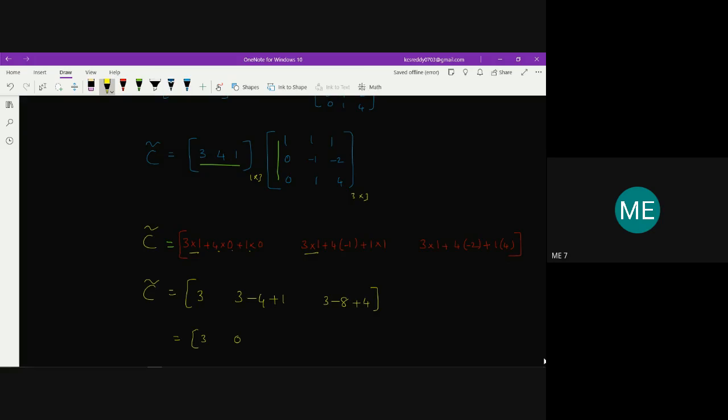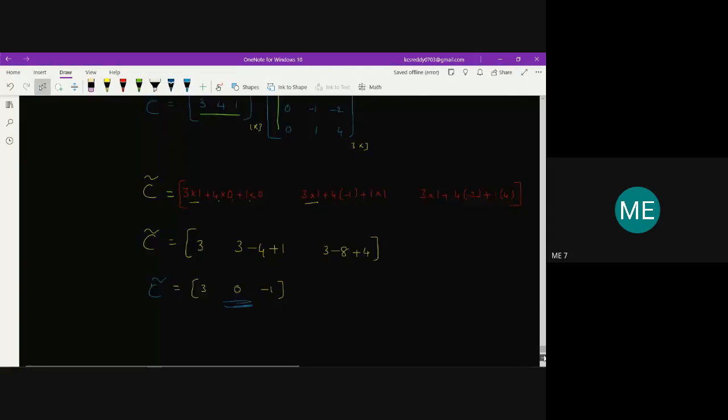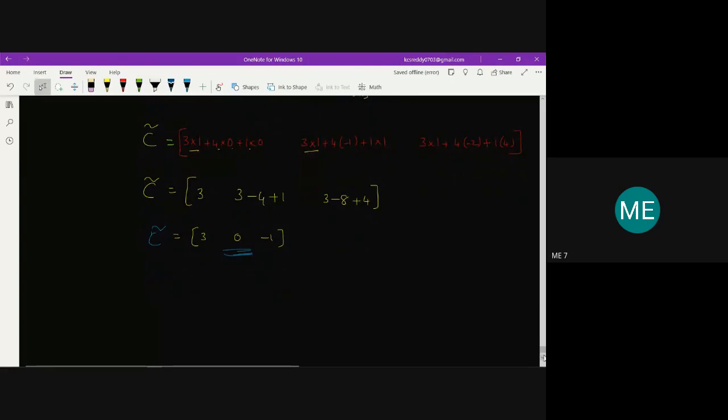And 7 minus 8, minus 1. If you look at this matrix, I'm getting a 0 element here. So the vector C matrix contains a 0 element. It means that the system is not completely observable.